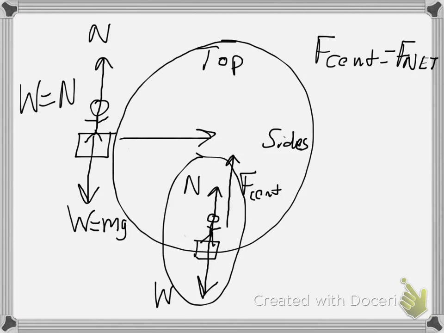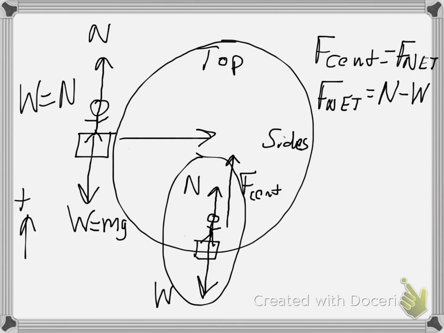Well, we have the normal force acting up and we have the weight acting down. And if we let up be the positive direction, then the F net is also positive. And so we can say that F net is equal to the normal force minus the weight.